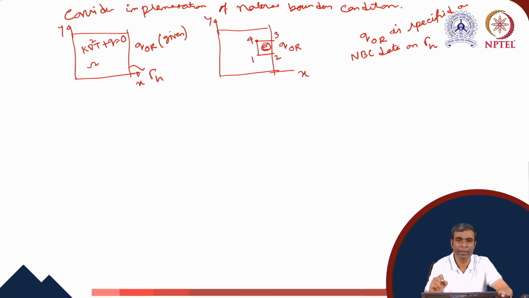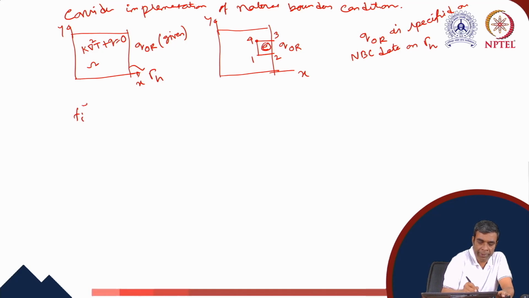In that case, our NBC contribution was shown as FIE equals to FIE source plus FIE due to NBC.